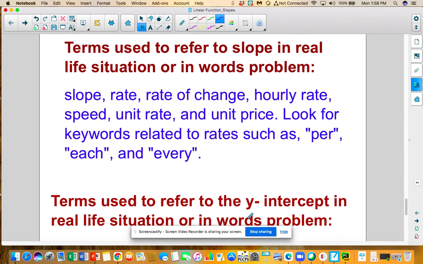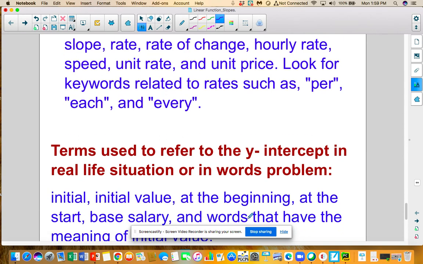And look for keywords related to rates such as per, each, and every. All those words tell you that they are talking about slope. That will help you identify the slope in a given problem.